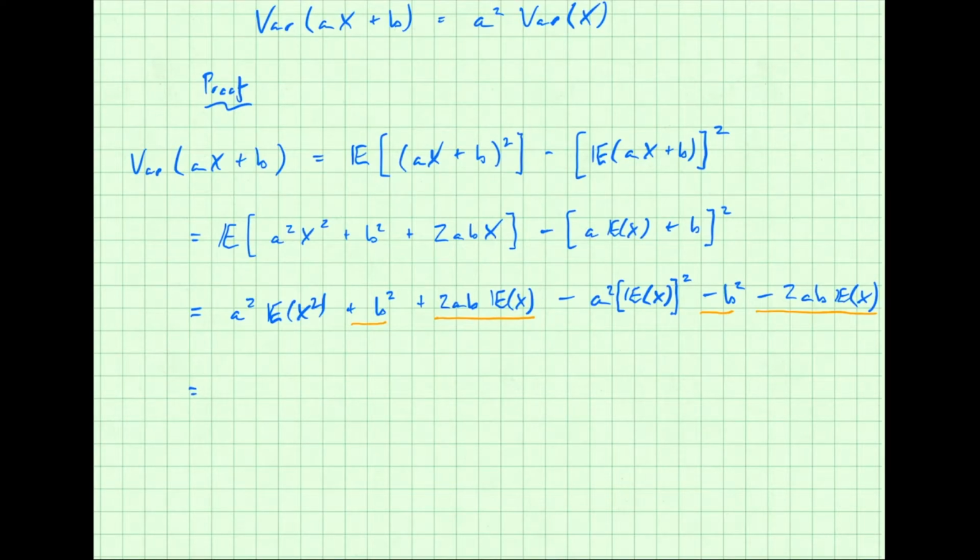So we get a, and they both are multiplied by a squared. So we get a squared times the expected value of x squared minus the square of the expected value of x. Right?